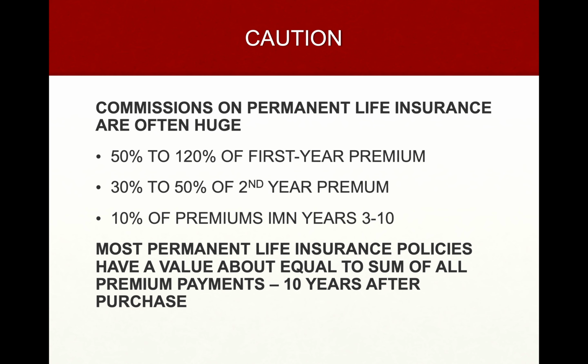The result of these very high commissions and other high costs that are embedded in these policies is that, let's say somebody puts in $10,000 a year for 10 years into a permanent life insurance policy, and it's invested. It's earning dividends, for example, maybe 5% a year. From doing the calculations, you would think that they would have not only the $100,000 in premiums paid, but a little more than that, maybe $200,000.